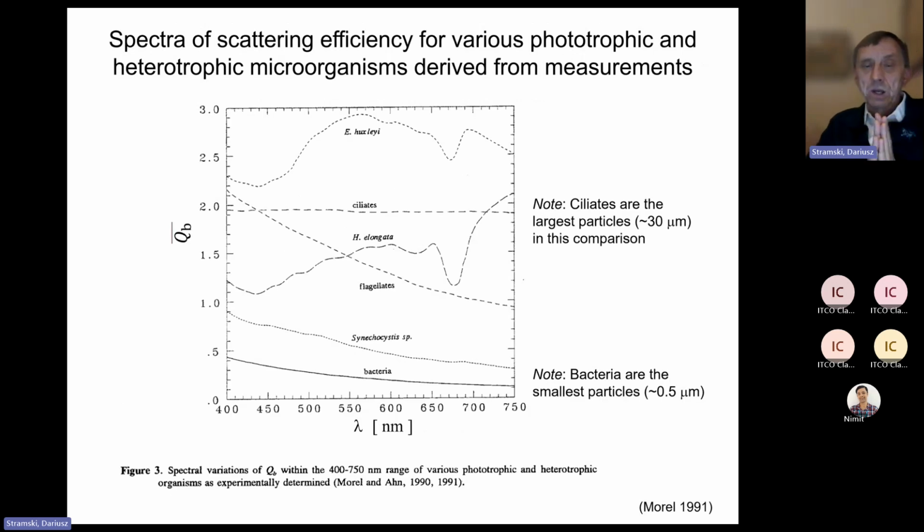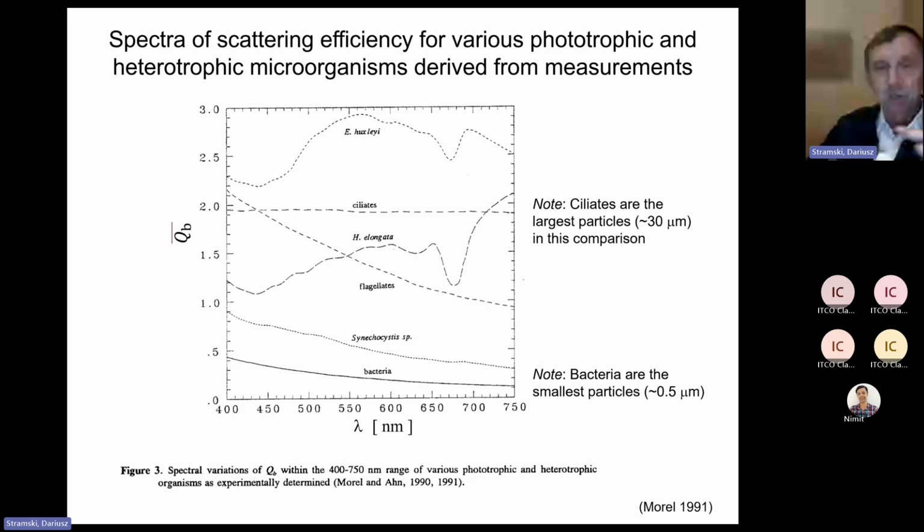So I think this is quite a powerful example and also shows the complexity of different patterns of light scattering that can exist for very many different types of particles. What you see here is just six species of microorganisms, but you also see dramatic differences in spectral behavior of scattering properties of particles.